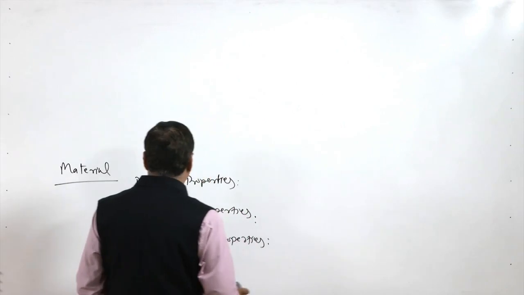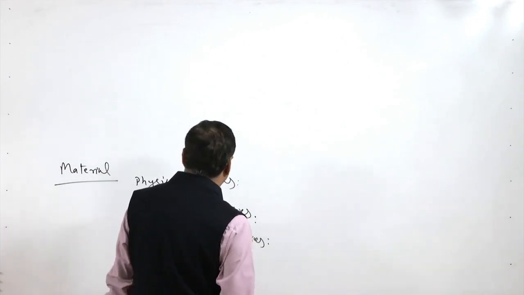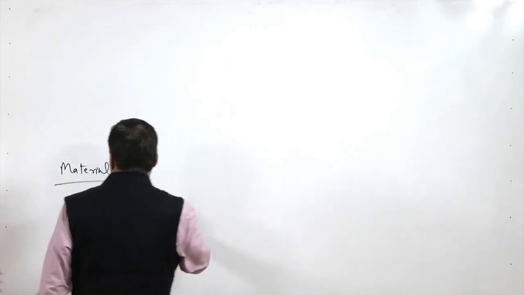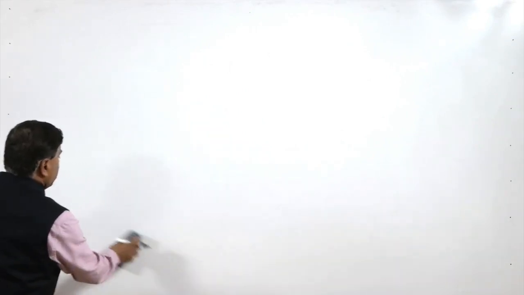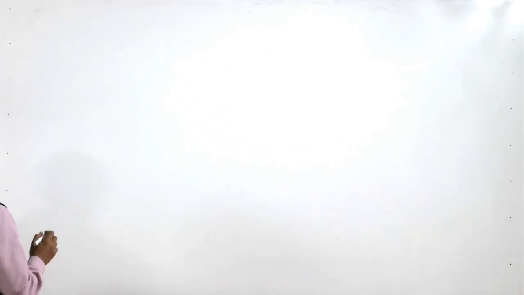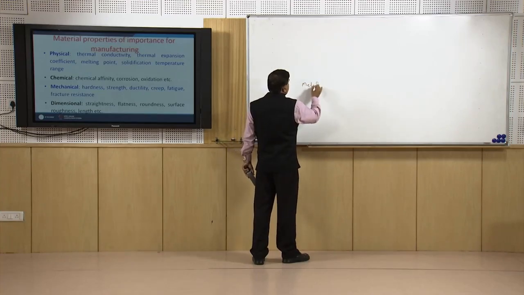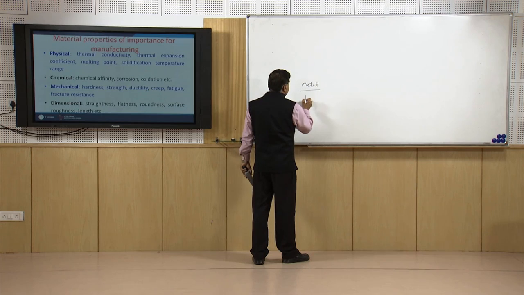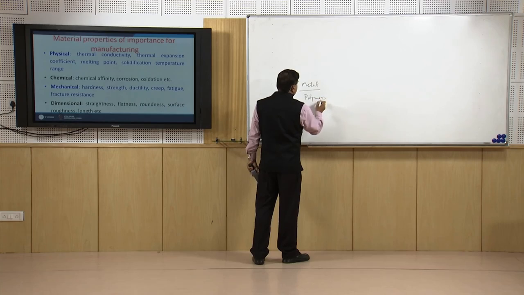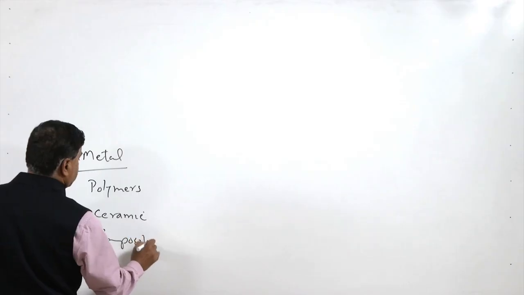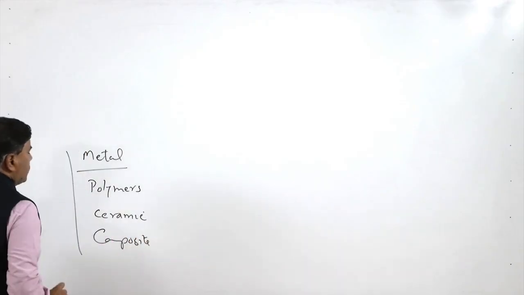So, how are these properties relevant to manufacturing? That is what we will try to see process wise. We know that there is a very wide variety of materials, like we have the metals, polymers, ceramics, and composite materials which are a mix of these.